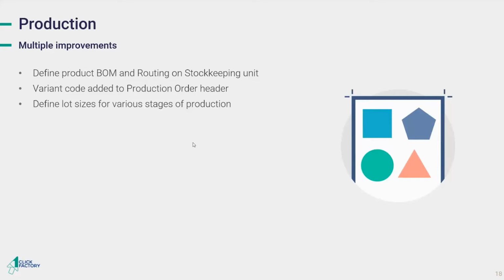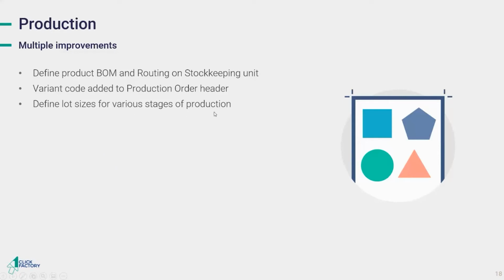And depending on your company process, it may be useful, or may not be useful at all if you are not working a lot with production. So what is the change here? We can define our own production BOMs and routings on some specific stock keeping unit and use it in production.